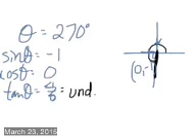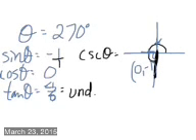Now let's find the reciprocals of those. The cosecant. If I put this over 1 like it's intended to, what's the reciprocal of the sine? -1 still. Good. If I do the secant, what's the reciprocal of 0?